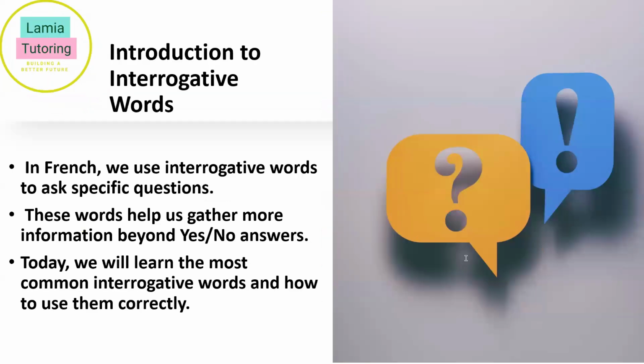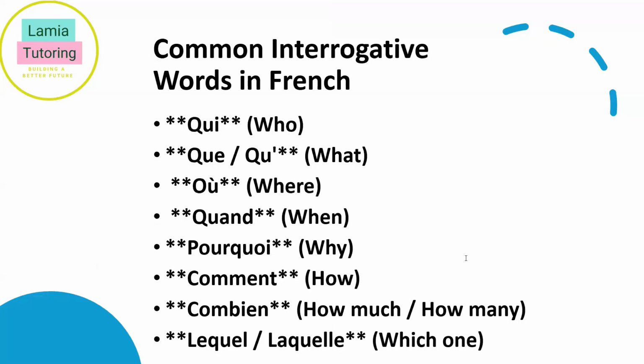In French, as you know, we use interrogative words to ask specific questions. These words help us gather more information beyond yes and no, for which, as we said, we use inversion and est-ce que. Today we'll dive more in depth into these common interrogative words and how to use them.